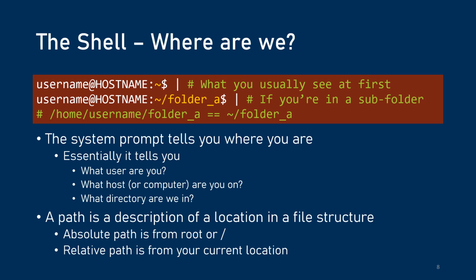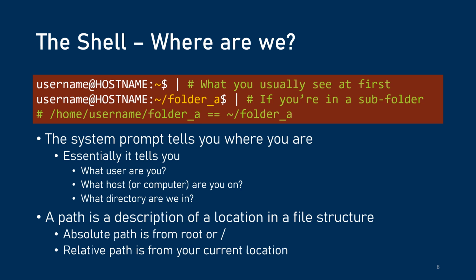Now, the space after the colon is telling you where you are, or the path. The path is a description of the location in the file structure. And usually what's given to you is the relative path from tilde, or /home/username.